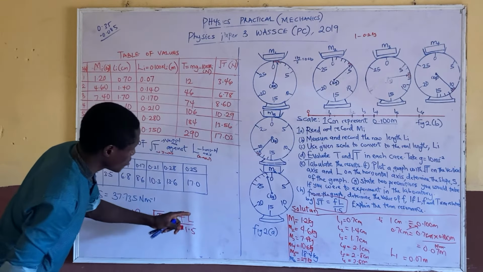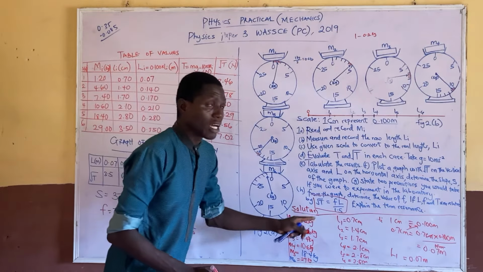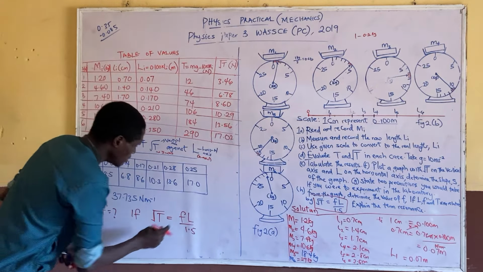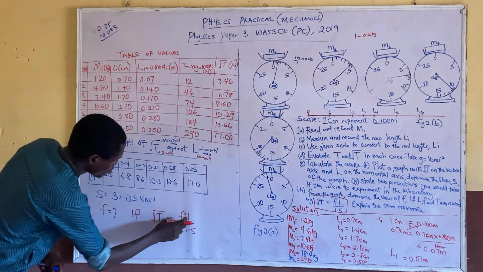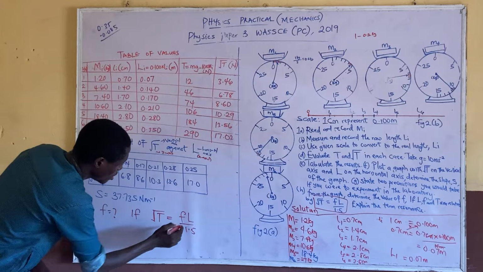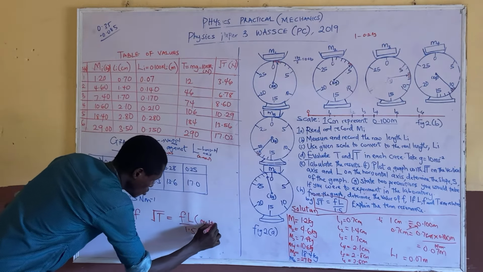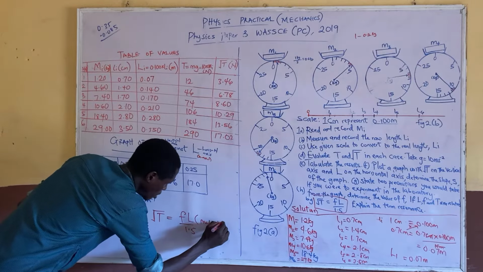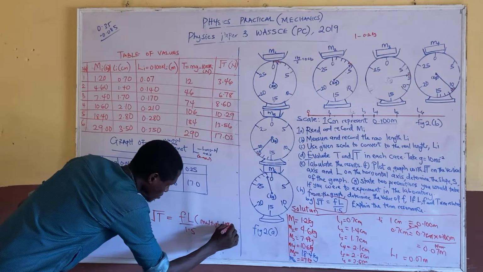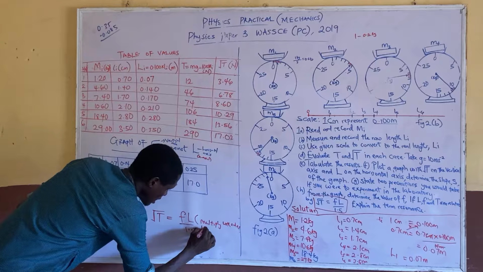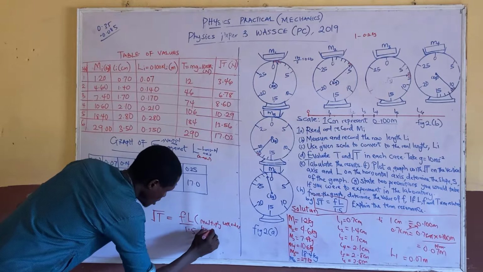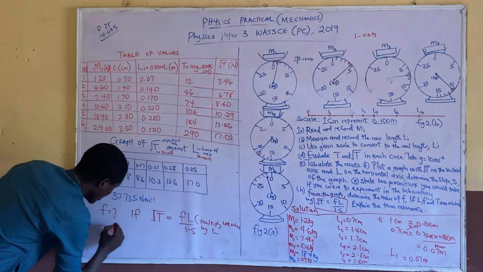Now, it means that we are going to use this graph to solve this problem. The first thing is to get the slope from this relation by multiplying both sides by 1 over L.